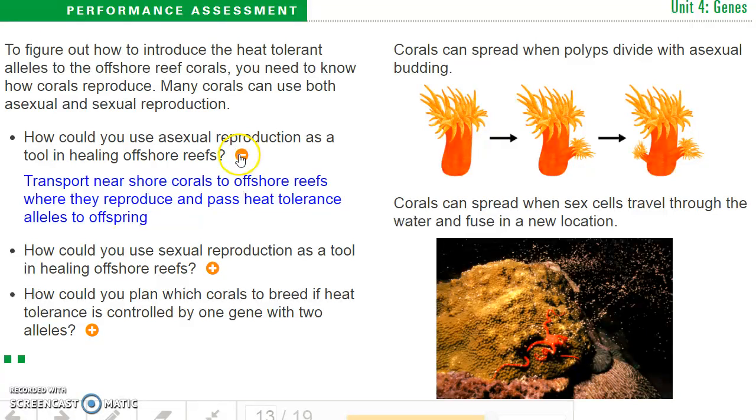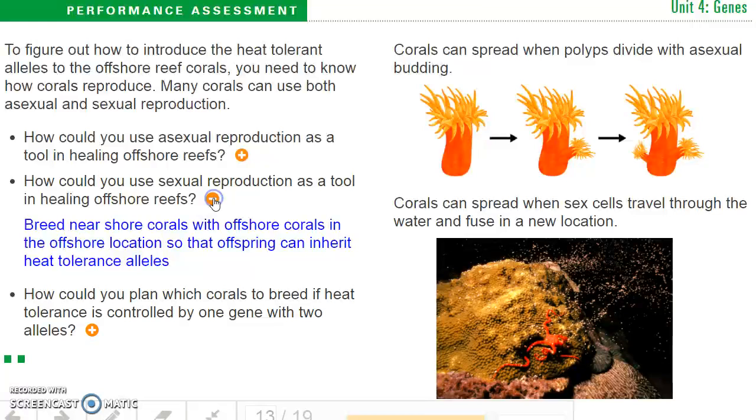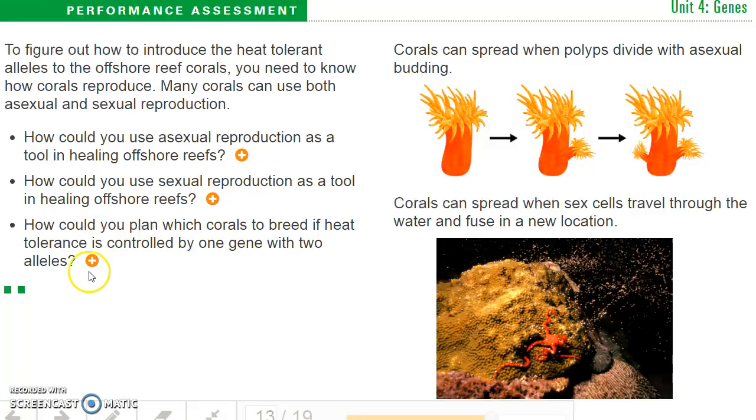You may have come up with this idea: you could allow the near-shore corals to breed with offshore corals in the offshore location so that the offspring can inherit heat tolerance alleles. So transferring near-shore corals over to the offshore ones so that they can spread the sex cells that are necessary for reproduction. Okay, and last one, Punnett squares, our favorite.